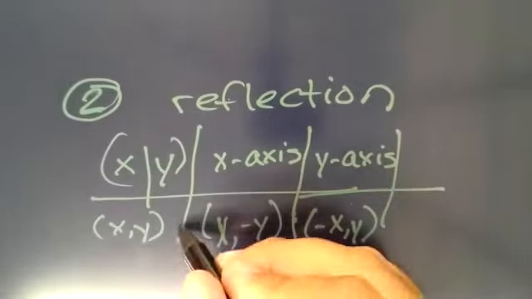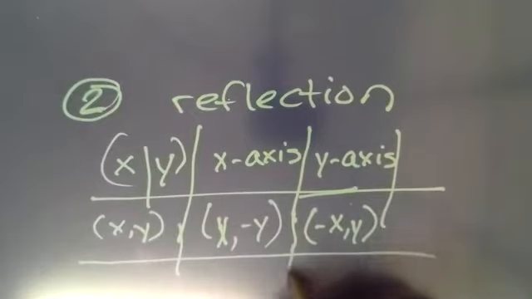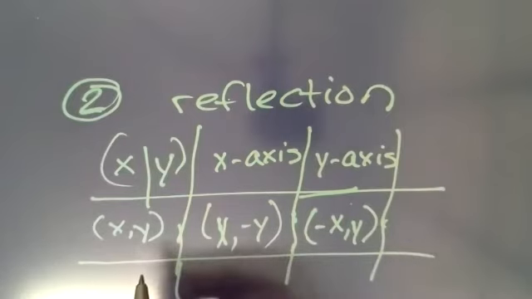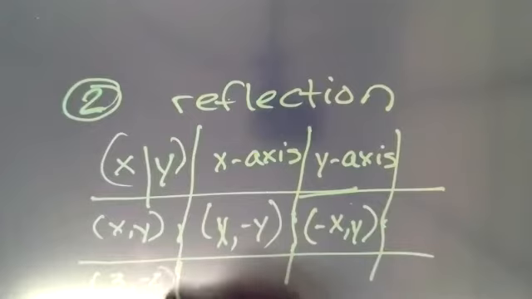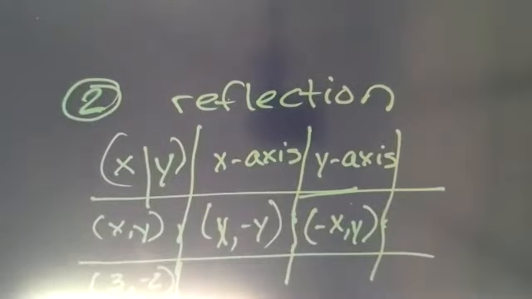Okay. So if I give you an example, if I give you a coordinate, and the coordinate is going to be, let's say, 3, negative 2. Okay.